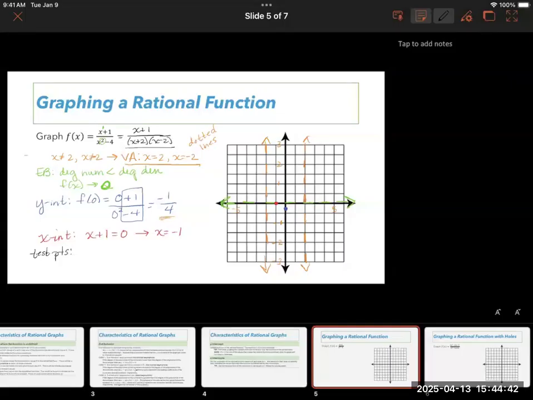If I choose -3 for an x value, I get -3 plus 1 over -3 squared minus 4, and that gives me -2/5. So at -3, I have a -2/5, which is going to be somewhere right about there.